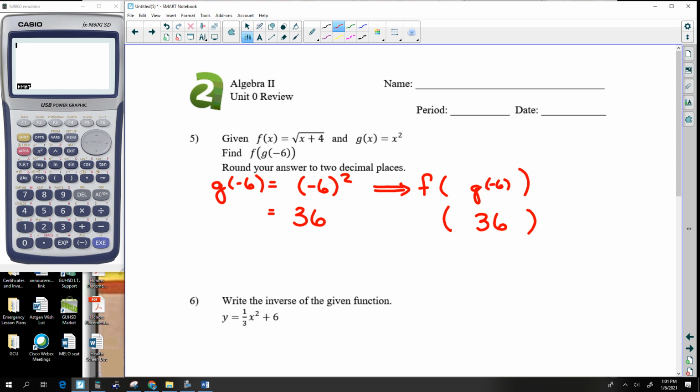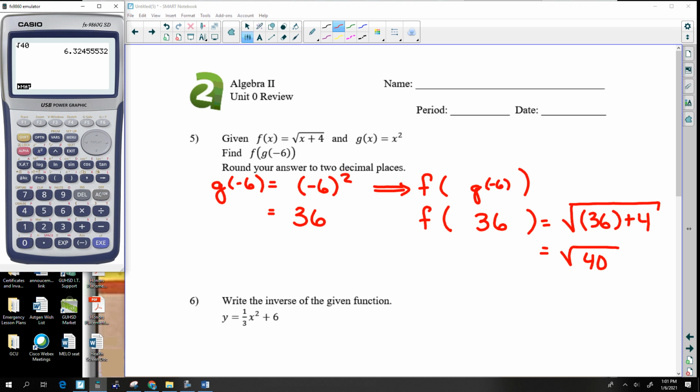So the question is, what is f of 36? And so that is going to be the square root of x plus 4, and that x being 36. So this is going to be the square root of 40. Rounded to 2 decimal places, that implies that this is going to be 6.32.